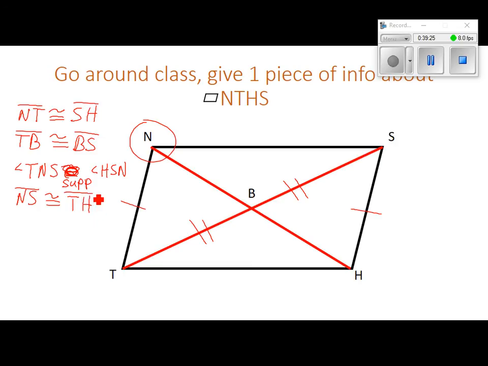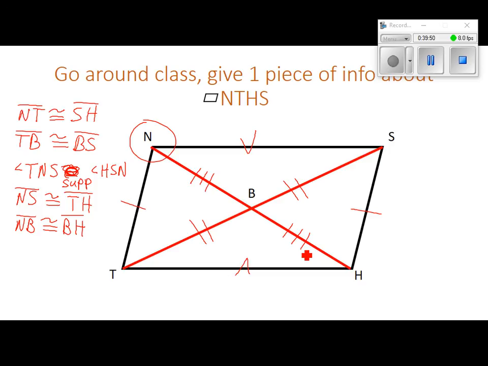A lot of people are upset because that's one they were going to use. All right, Gunner. Segment NB is congruent to segment BH. Everybody agree with that? Yeah, because the diagonals bisect each other. Those two are congruent. Those two are congruent.